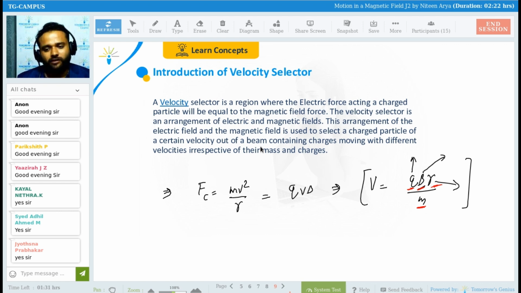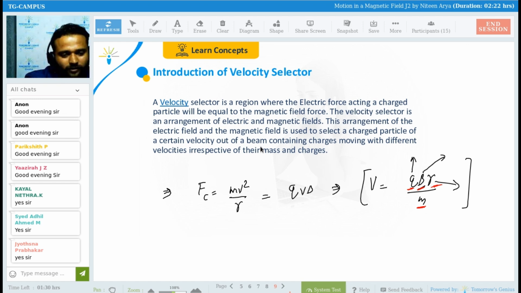Just tuning the magnetic field, just tuning the charge, you can increase or decrease the velocity. Up to a certain range, you can go to that particular point. After a certain range, you can reach another point. So that is what a velocity selector is. Clear? Using this simple concept.